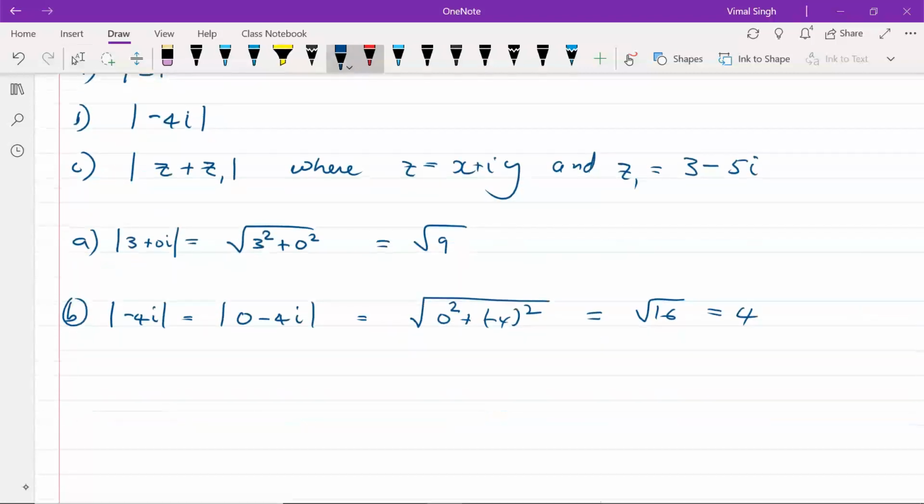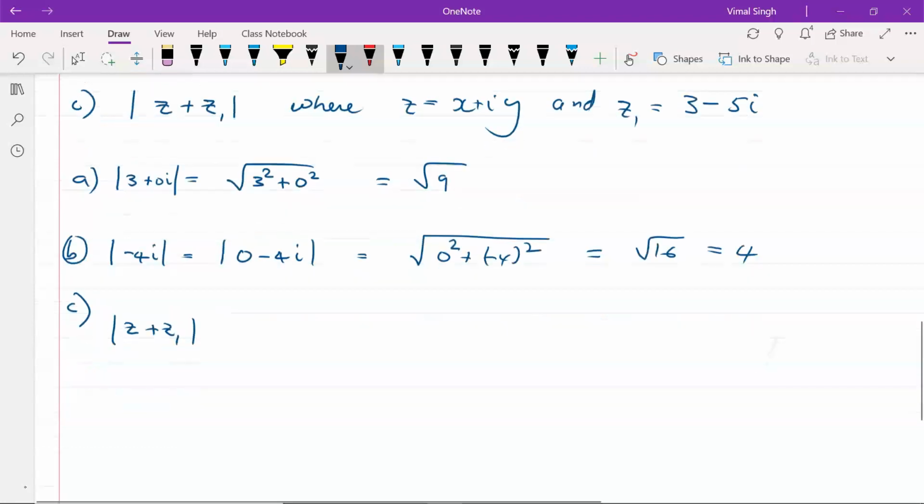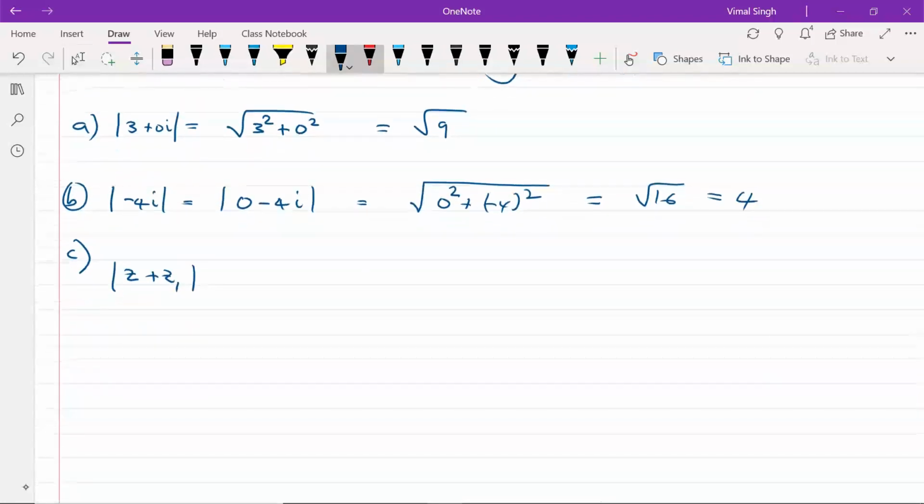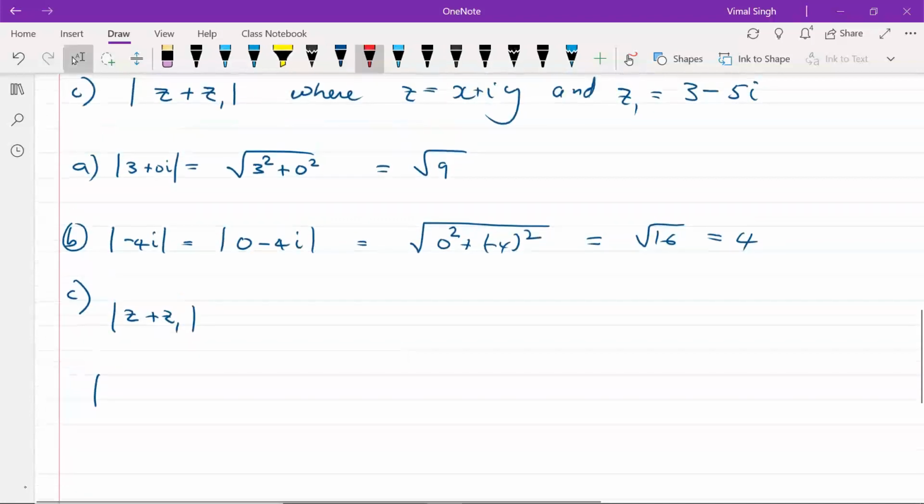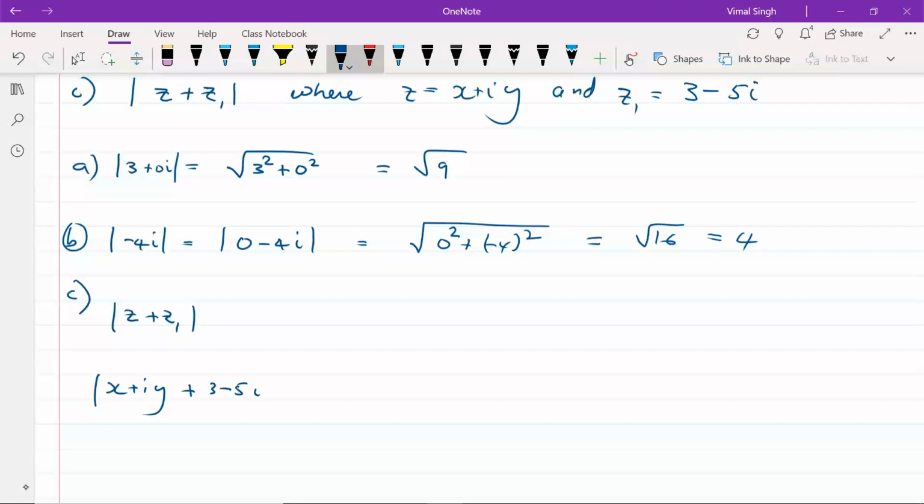Now c is interesting. It says the modulus of z plus z1, where z is equal to x plus iy and z1 is equal to 3 minus 5i. So we'll substitute those in here: x plus iy, and then plus 3 minus 5i.